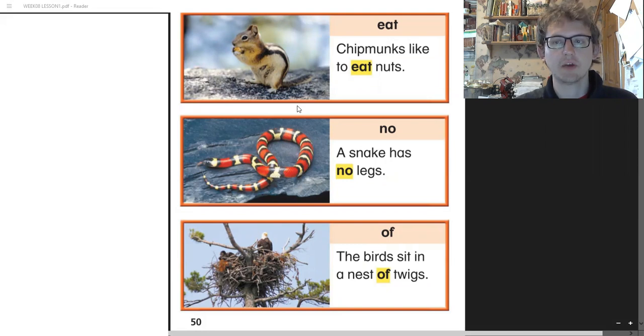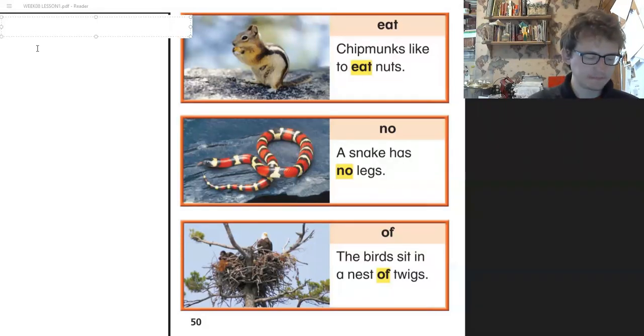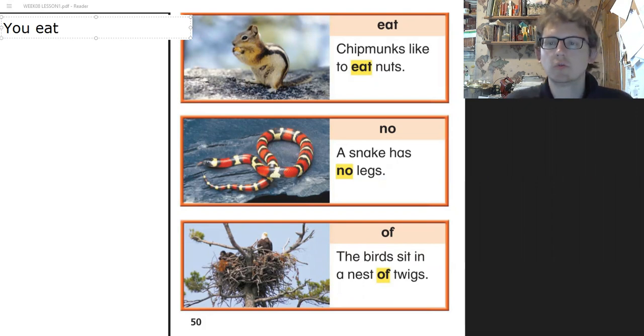So let's write a sentence about what you eat for food, okay? What do you like to eat?